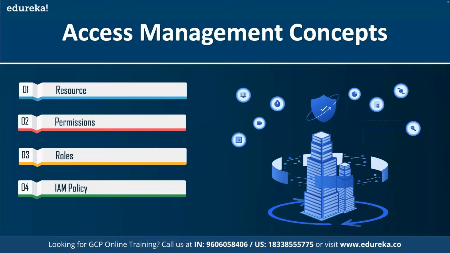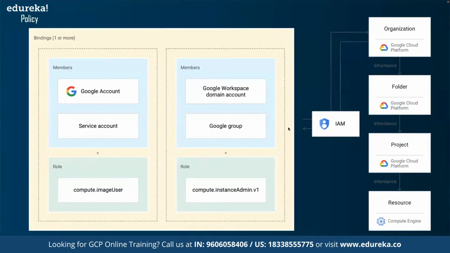Some of the IAM methods are setIamPolicy, which sets the allow policy on your resource; getIamPolicy, which gets an allow policy that was previously set; and testIamPermissions, which tests whether the caller has the specified permissions for a resource or not. Okay, so this is the overall idea about the IAM policy.